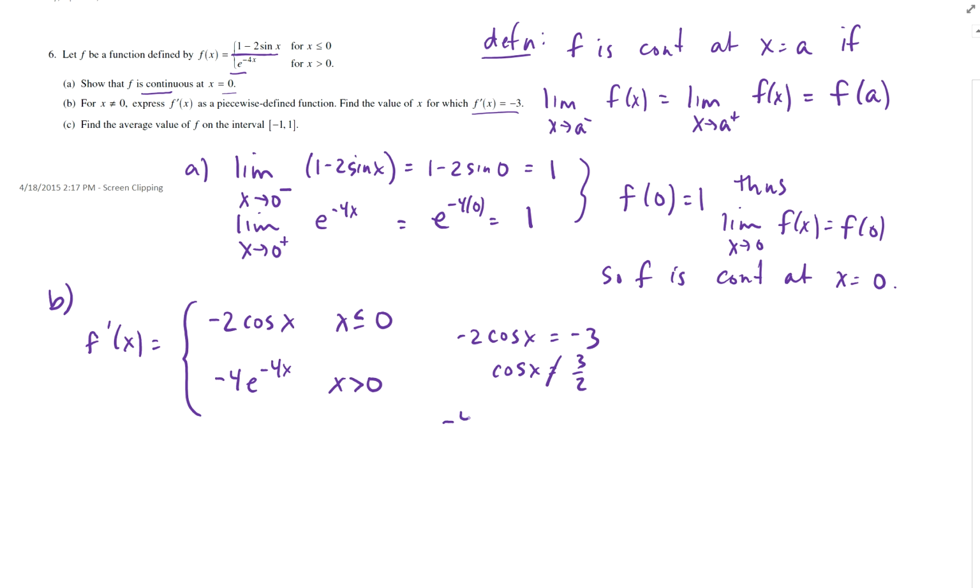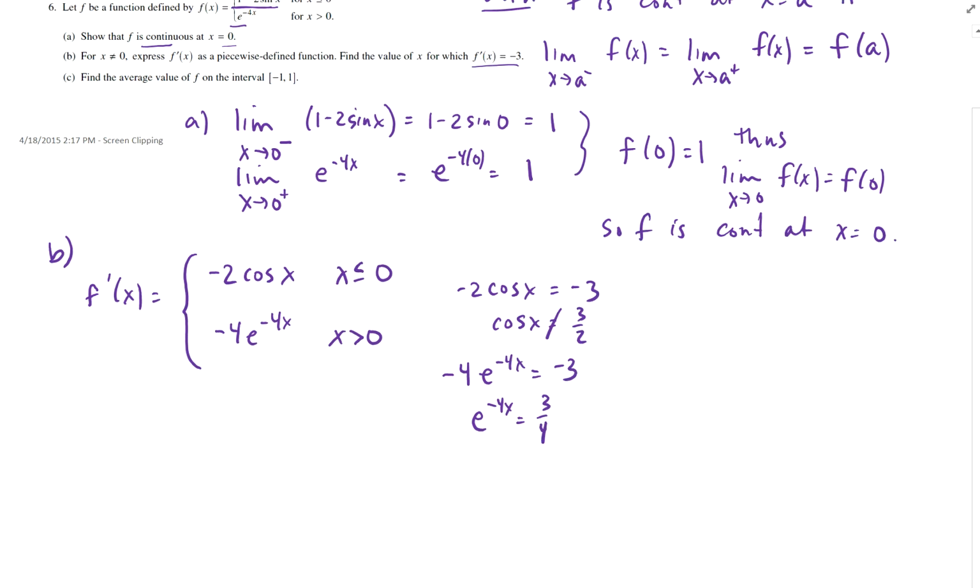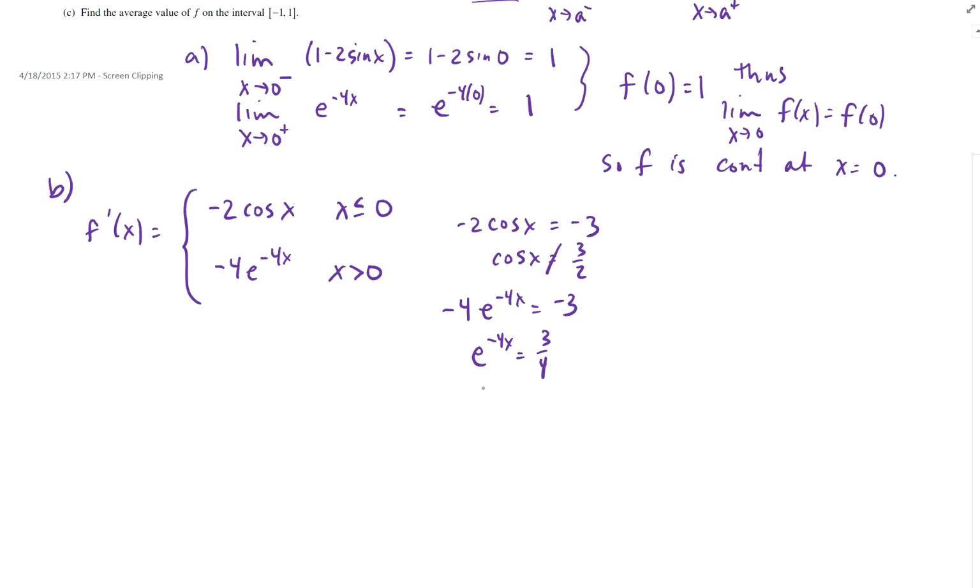But could I have negative 4 e to the negative 4x equaling negative 3? Well, that'd be e to the negative 4x equaling 3/4, which means, how do I solve that? That means write it as a logarithm. That means natural log of 3/4 equals negative 4x, which means x equals negative 1/4 natural log of 3/4.